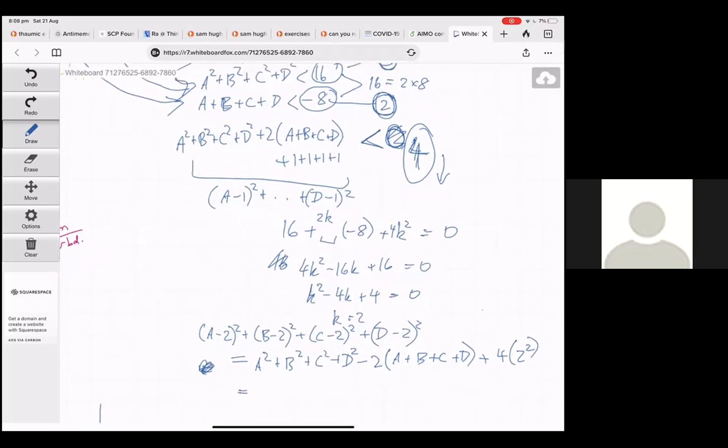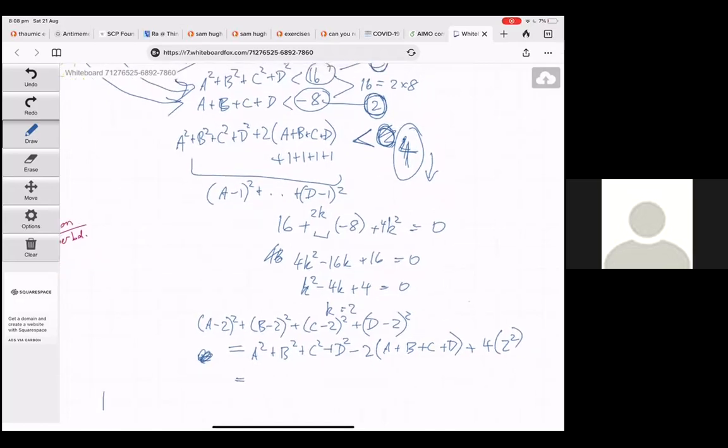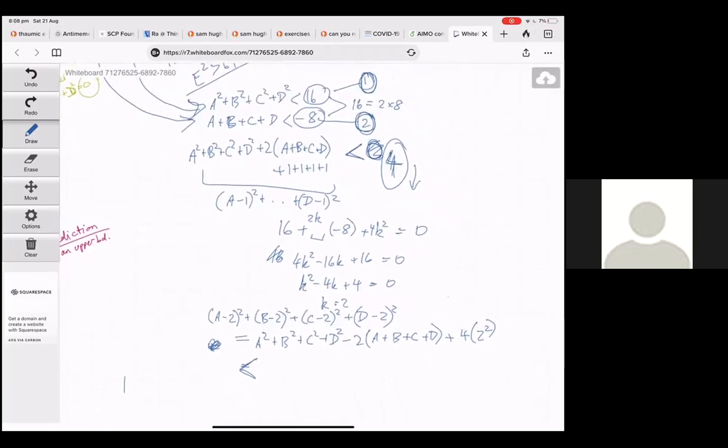And now I can start to use my equations 1 and 2. Well, they're not exactly equations, they're inequalities. And so that's less than, well, a squared plus b squared plus c squared plus d squared is less than 16.